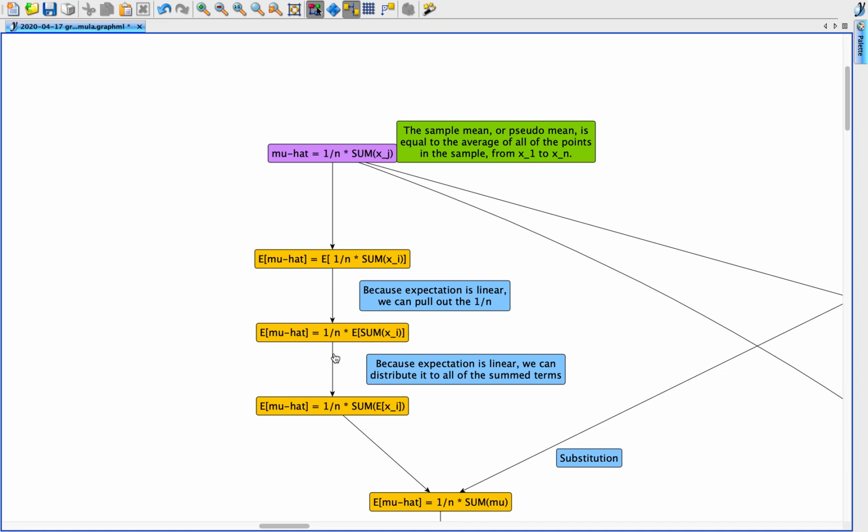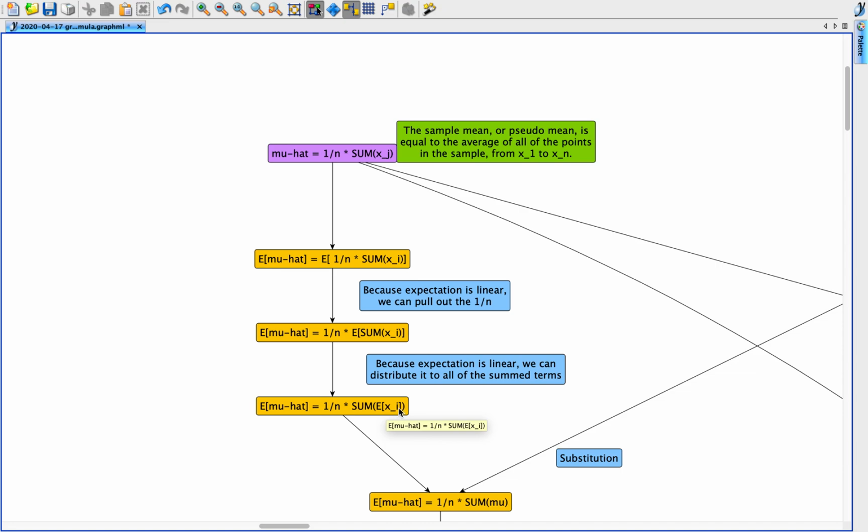So 1 over n is a constant, whereas xi is not a constant, because this summing procedure is calling xi over and over again. We're going to have n different xi's, so xi is meaningfully a variable in this context, where 1 over n is a constant.